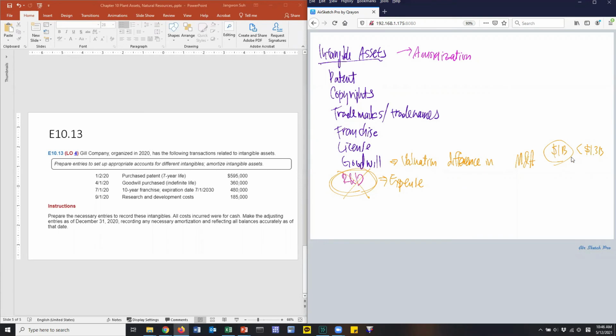Then how can we explain the discrepancy between 1.3 and 1? The difference between these two is explained by creating an account called goodwill, which is $0.3 billion. Okay.